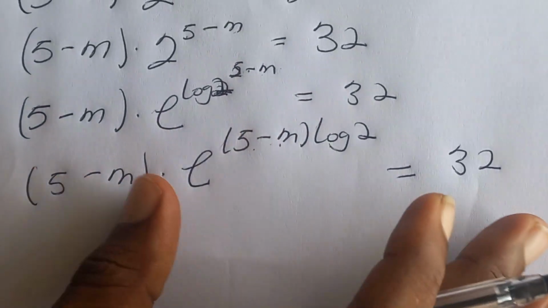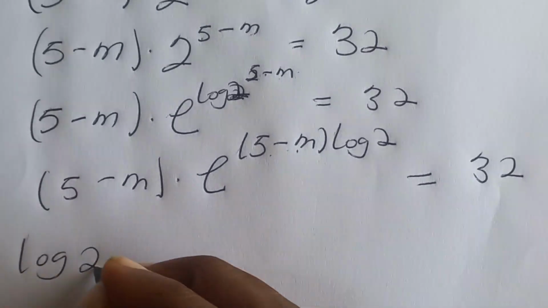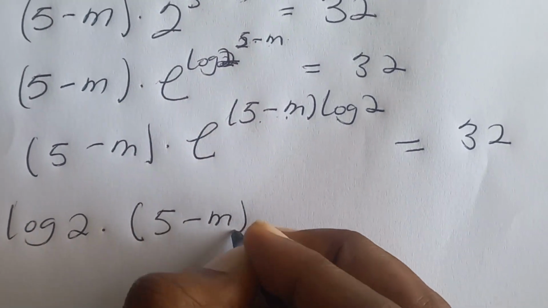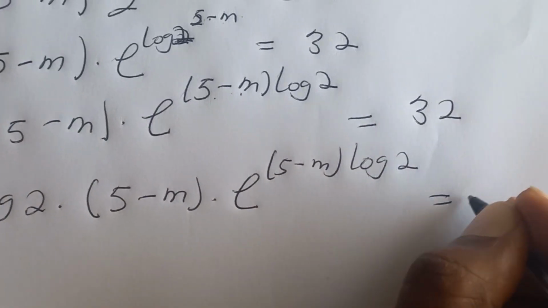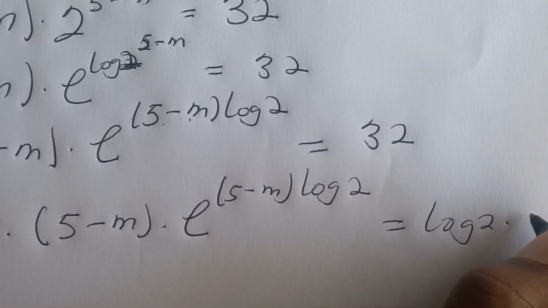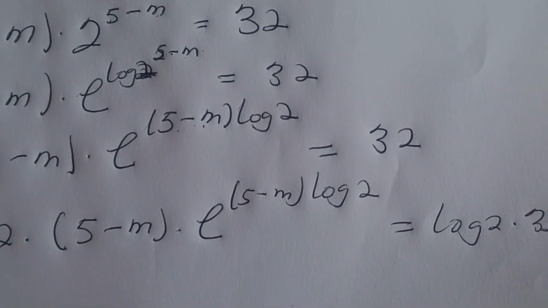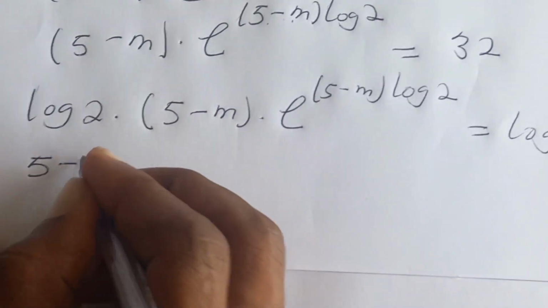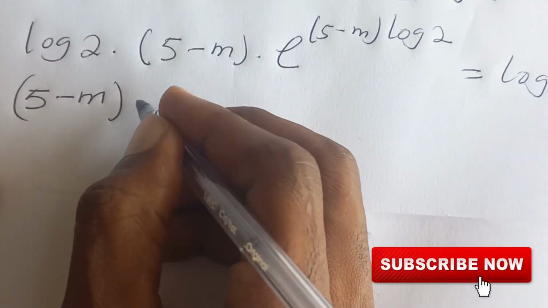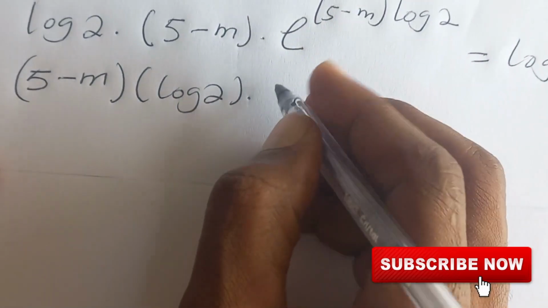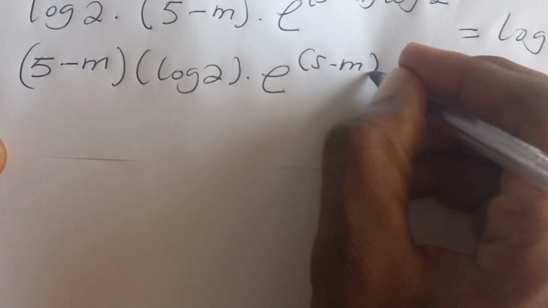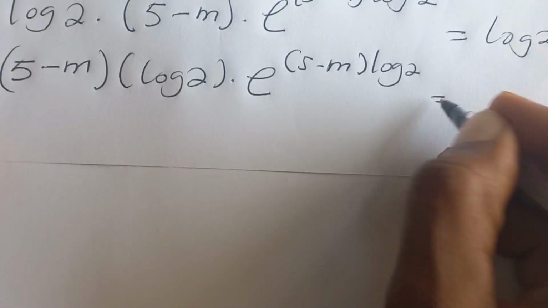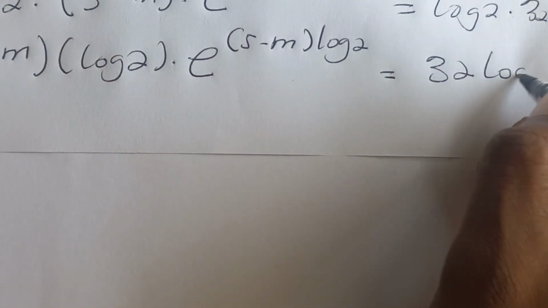So multiplying both sides by log 2, we are going to get log 2 multiplied by bracket 5 minus m multiplied by e exponent 5 minus m log 2 is equal to log 2 multiplied by 32.